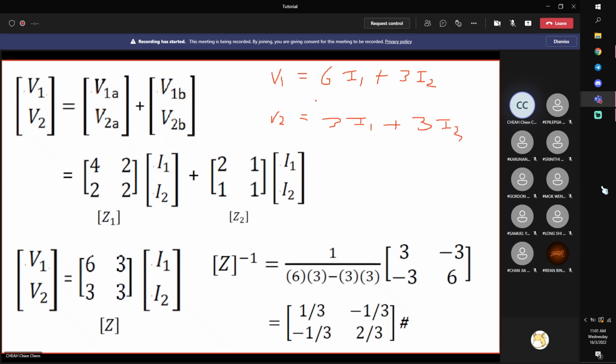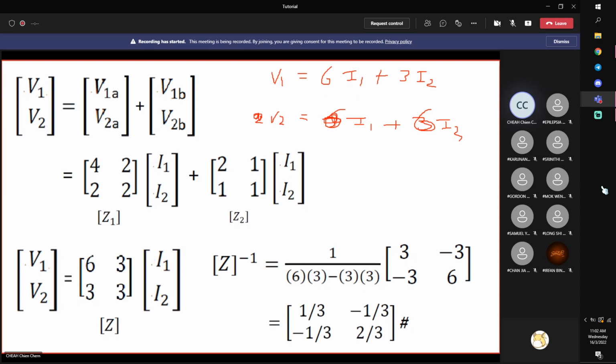For example, elimination. If you multiply this by 2, you get 6, correct? Then you subtract this 2, and you're only left with I2 in terms of V1 and V2. Or you can do substitution.